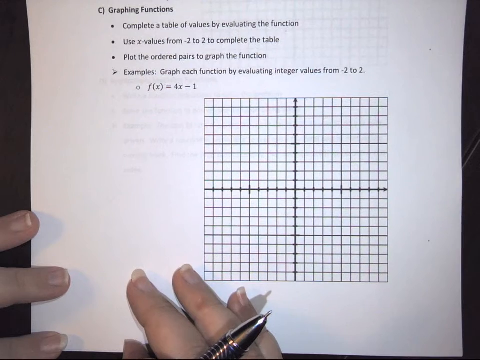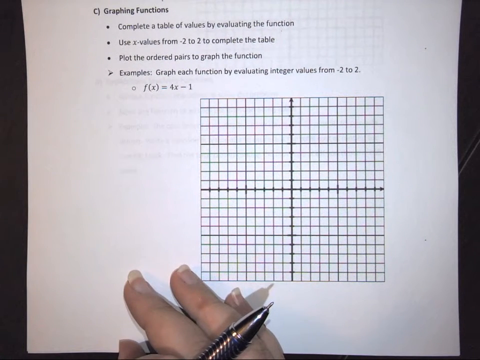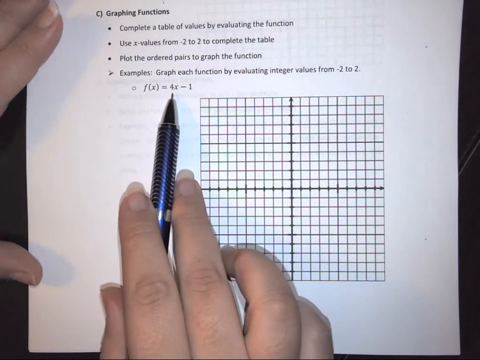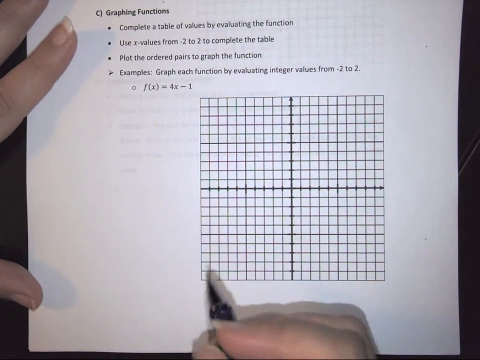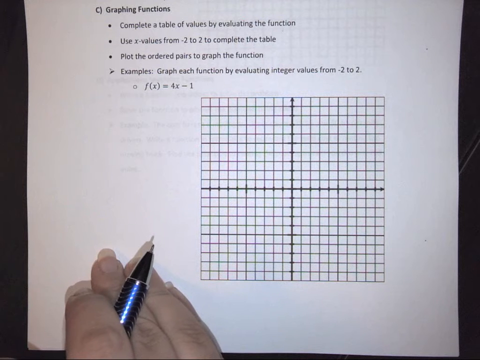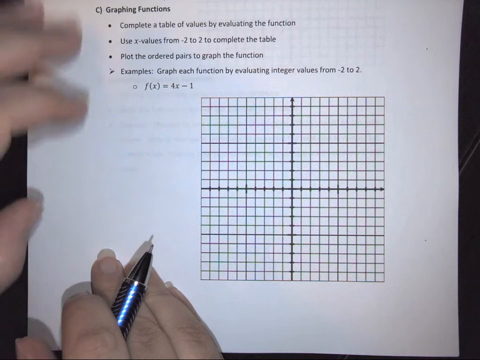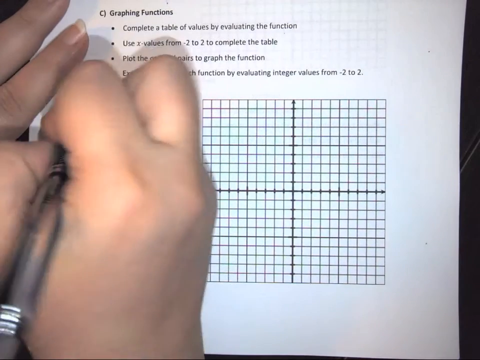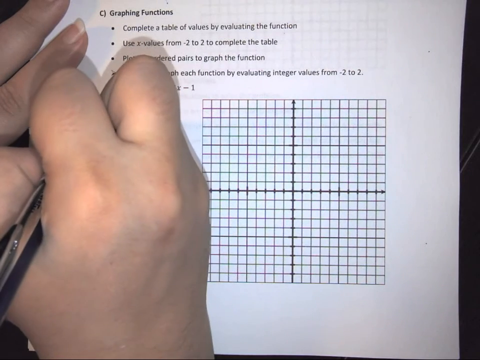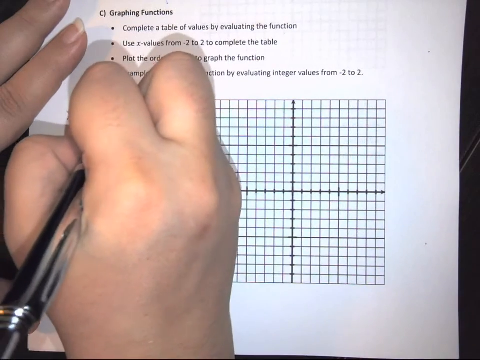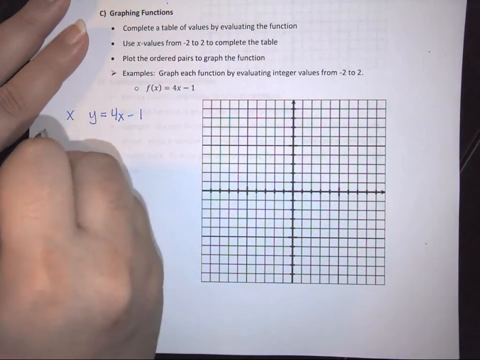And so in order to graph the functions, the easiest thing to do is to create that XY table. And we're going to use our function in order to figure out what that table should be. So here we have 4x minus 1. So we're going to set up the table x, and then I have y is equal to my 4x minus 1.